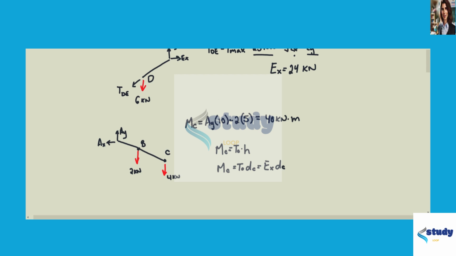So therefore, we can plug in the known values, because we know that MC equals 40. We know that EX is 24 times dC, which is what we were trying to solve for. So dC equals 1.667 meters. This is the final answer for the problem, the distance of C.